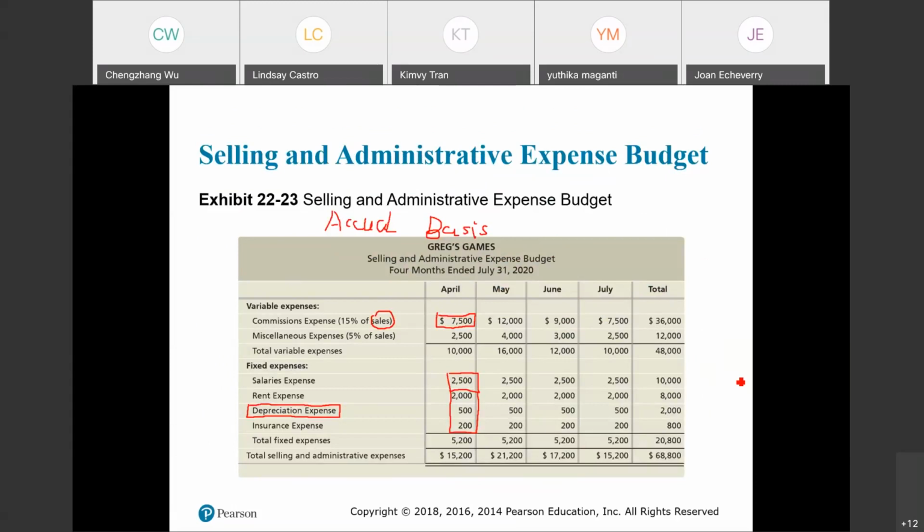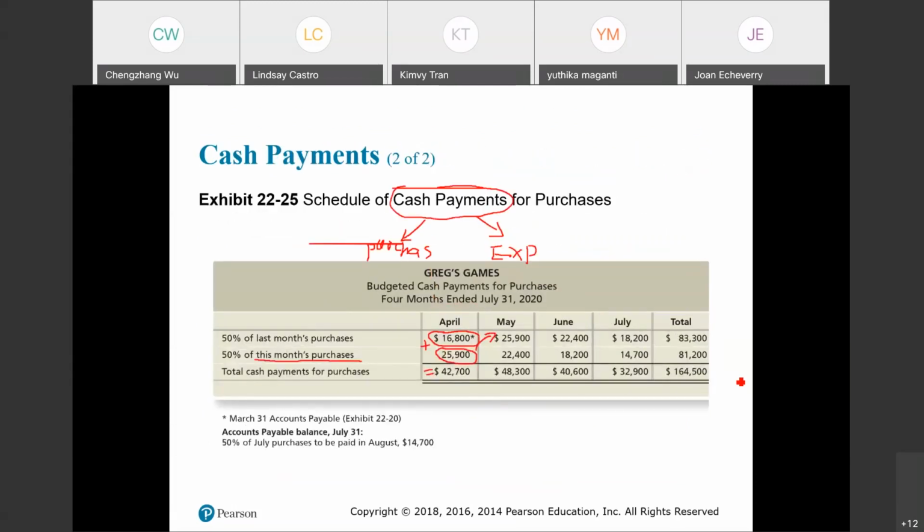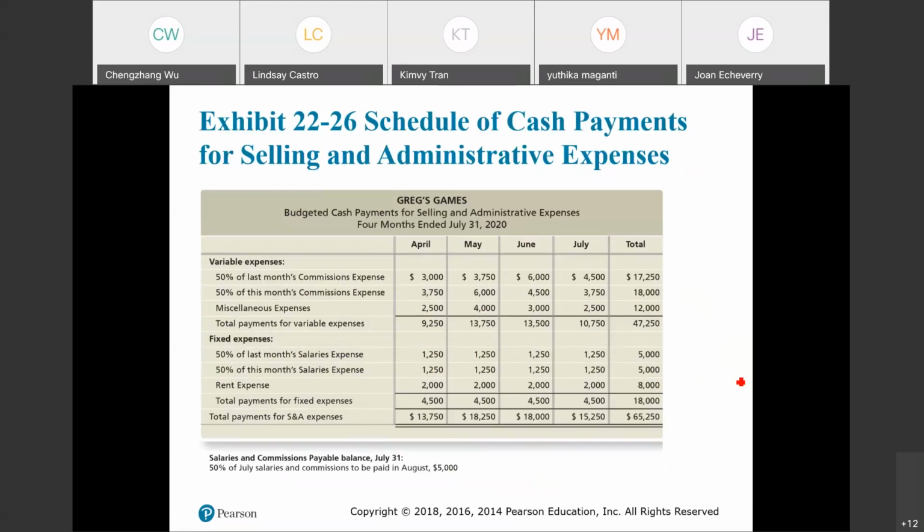So the cash payments budget, which is shown right here, is prepared based on cash basis. Because this is the budget of cash flow. It shows the income and outcome of cash source.